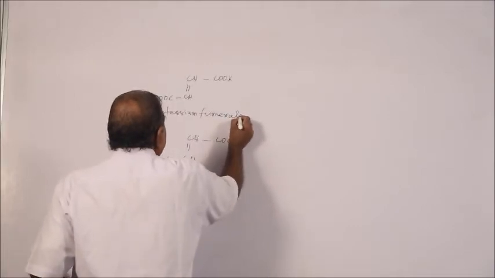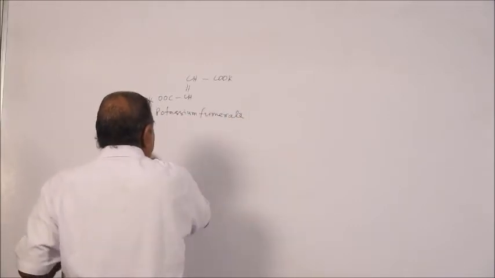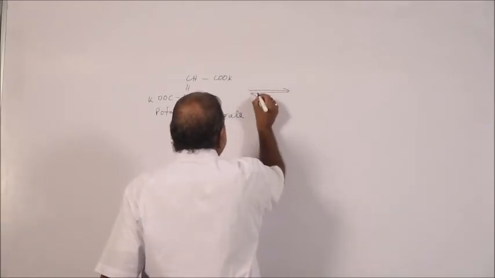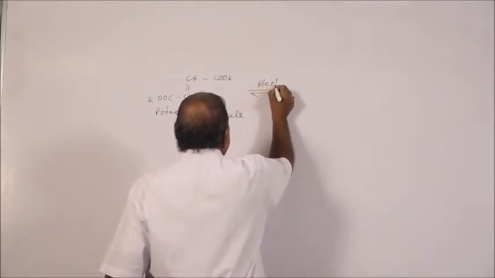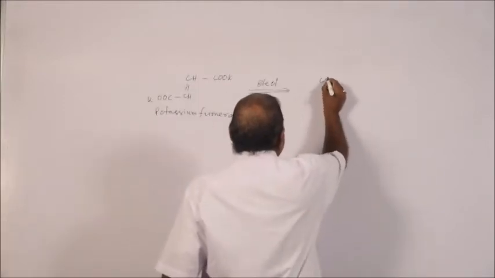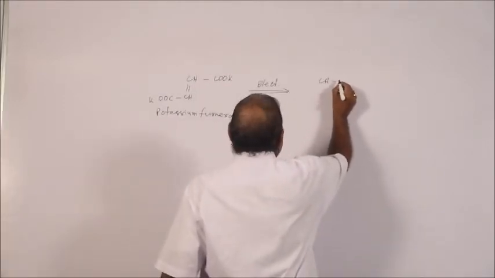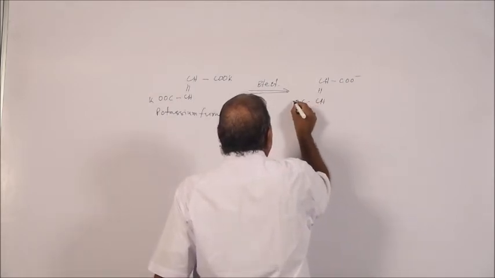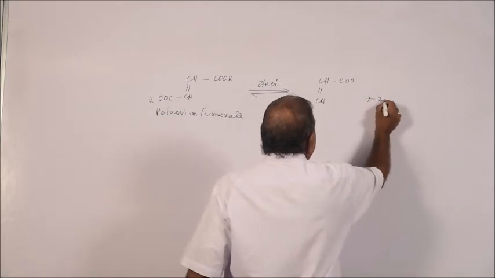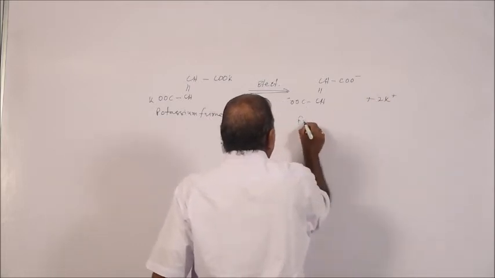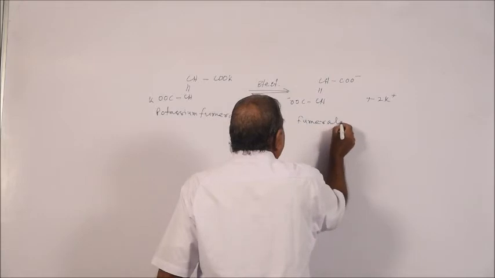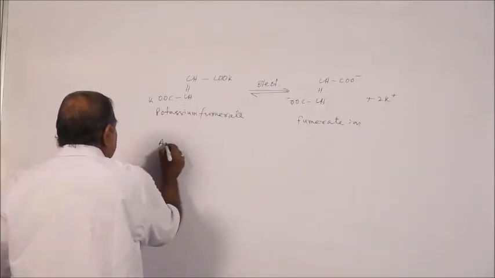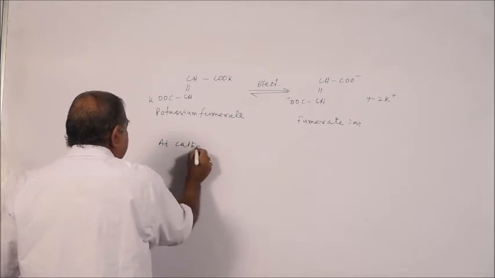Now, when potassium fumarate is electrolyzed, electrolysis is a reversible process. On passing electricity, you are getting fumarate ion plus potassium ions. So the reaction will take place at the cathode as well as at the anode.